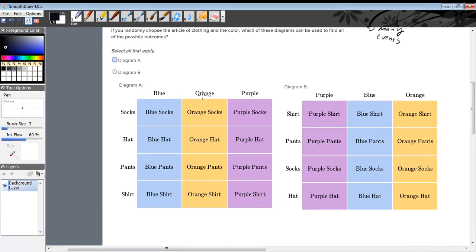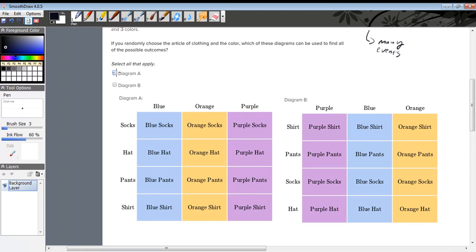Well, I mean, of the 4 items of clothing, we can have blue socks, a blue hat, blue pants, or a blue shirt. And same thing, orange of each item, and then purple of each item as well. And actually, the only thing that's different between these is the order of the colors and the order of all the items of clothing.